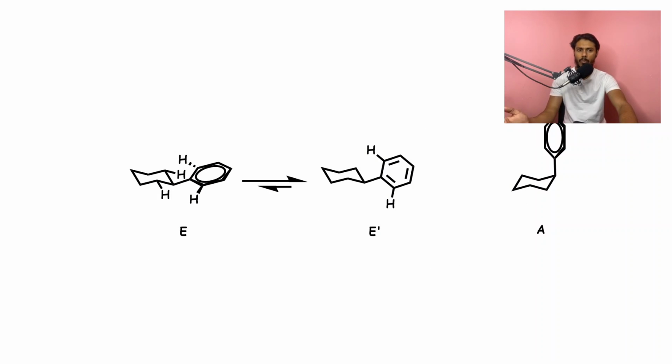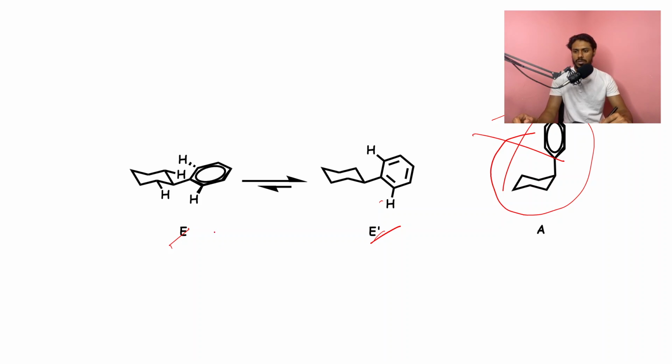Now when we have just the phenyl substituent, we can easily say that this conformation will not be there, or its population will be very low, because the phenyl will not prefer to stay in the axial position. So it will go in the equatorial position. This is one equatorial conformation and this is another equatorial conformation.